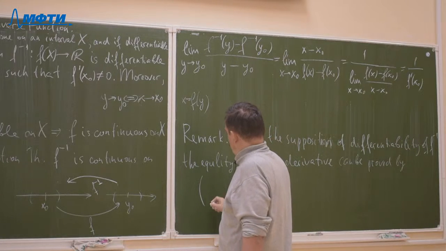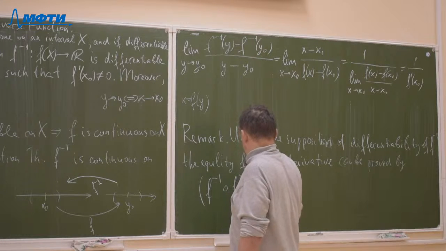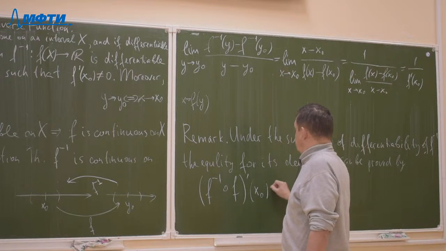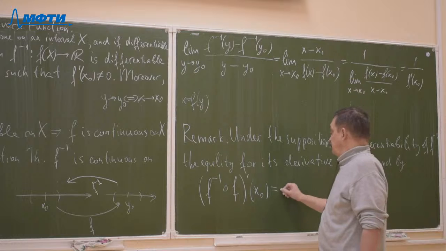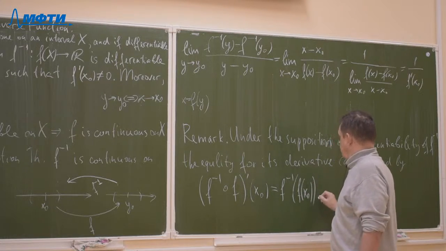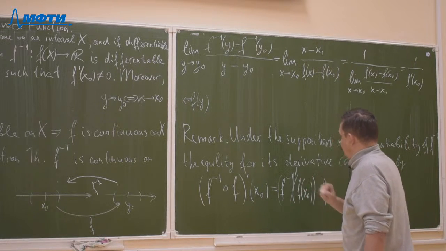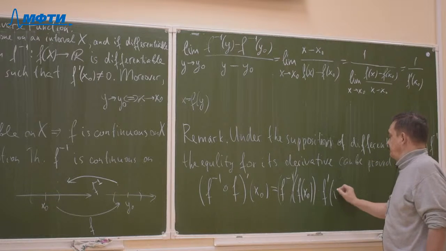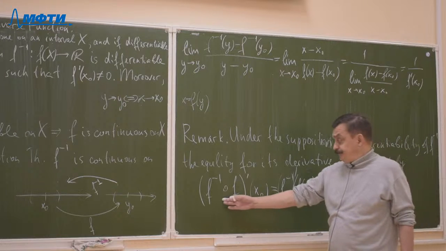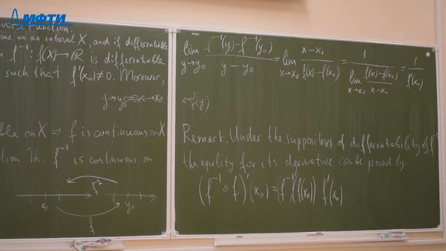What we know: the derivative of f minus 1 of f at x naught equals f minus 1 prime at f of x naught times f prime at x naught, by the chain rule, right?